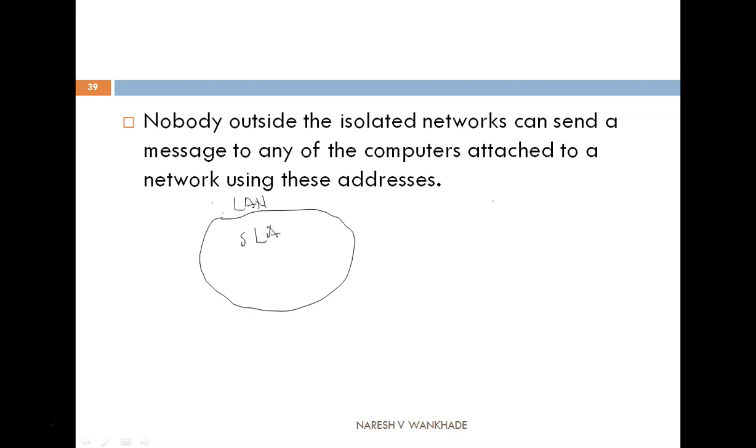This is a small network, means local area network. It uses site local address. Here outside entities cannot send messages or communicate with the entities inside this local area network, because this area is isolated. So that is about the site local address.